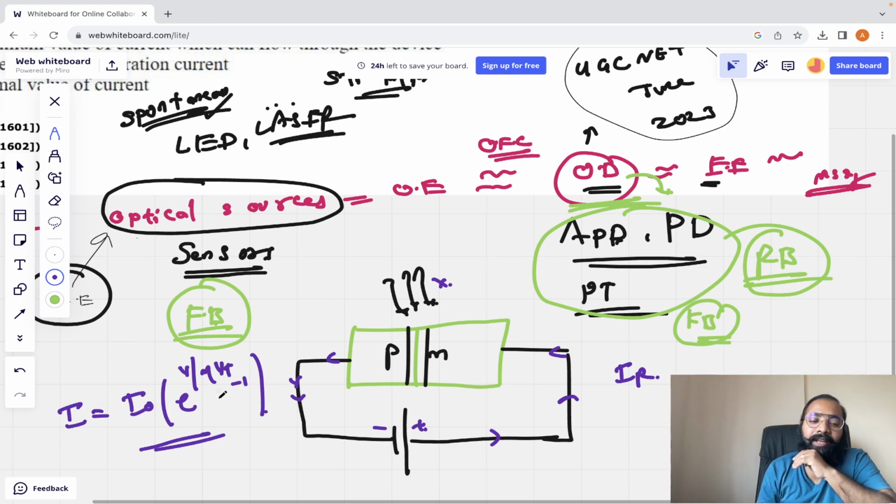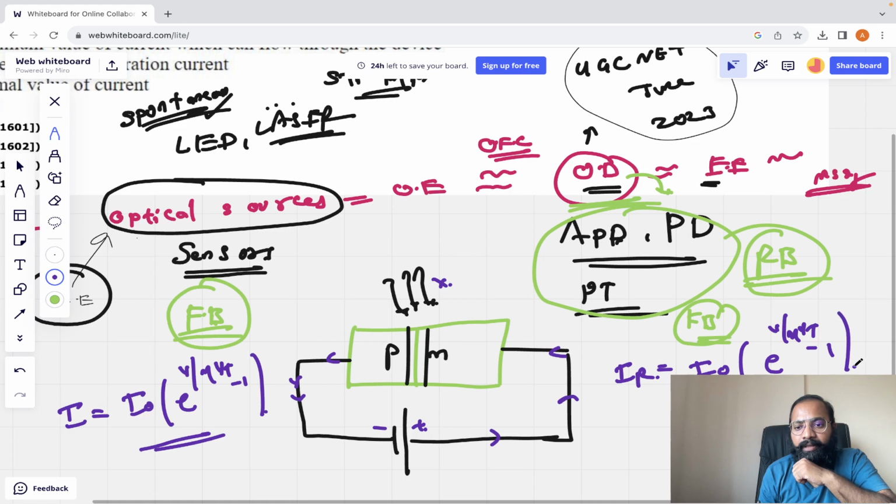Okay, fine. So if I do the reverse biasing, the reverse current will flow. How can we represent the reverse current? We represent it with I naught. Usually I naught is in the reverse direction, so I will take minus I naught into e power V by eta Vt minus 1. So it is the reverse current flowing through the diode.